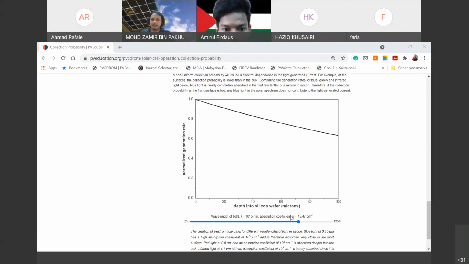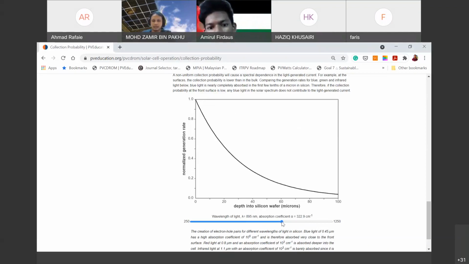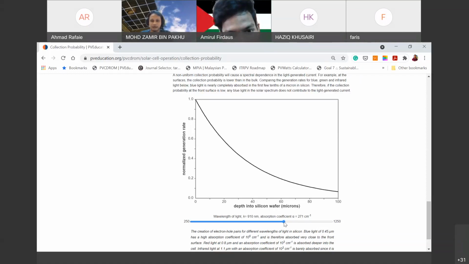So let's play with this cursor. Let's see how much thickness is required in order to absorb up to 1100 nanometer in silicon. You can increase this wavelength. Now it's 895. Increase further up to 1100.